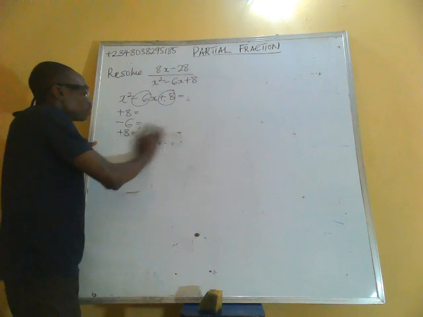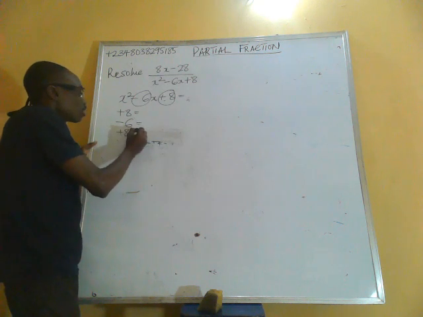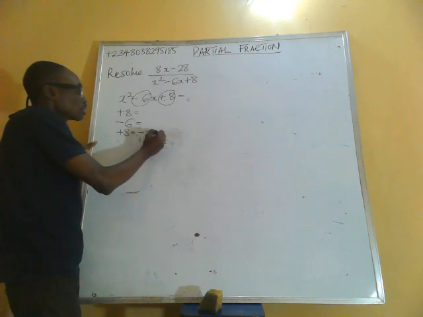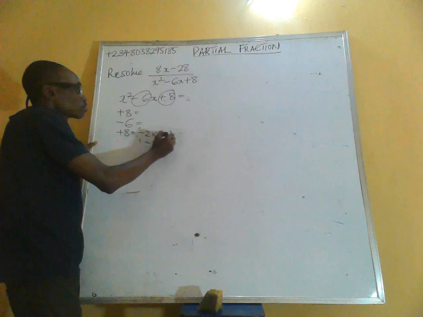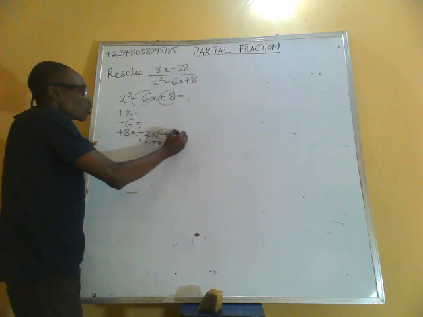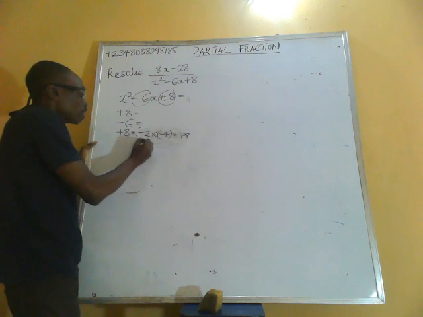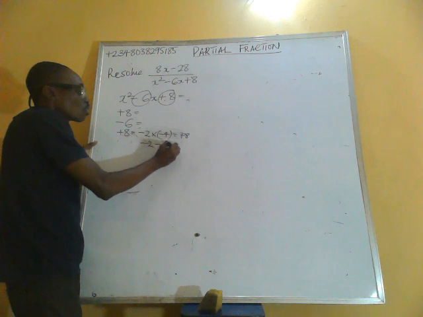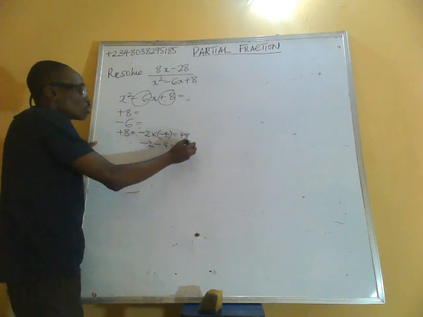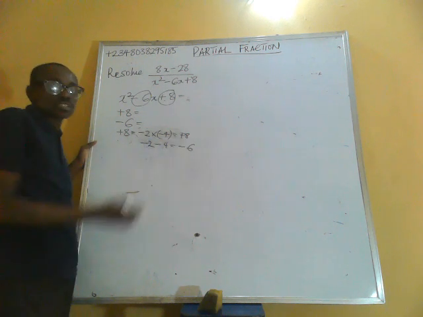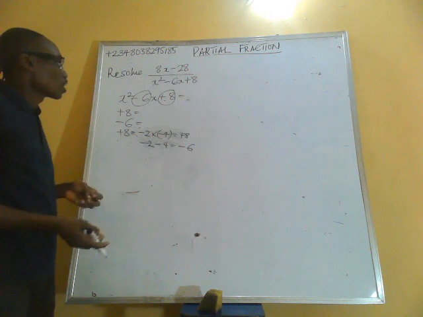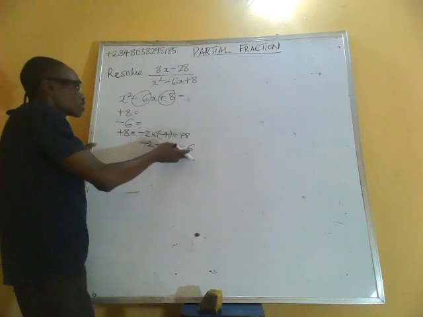So we use minus 2 times minus 4, which will land you on plus 8, and minus 2 minus 4 will also give you minus 6. So these are the two numbers that will give us minus 6.